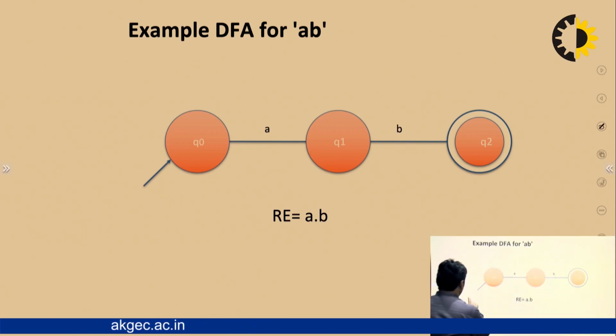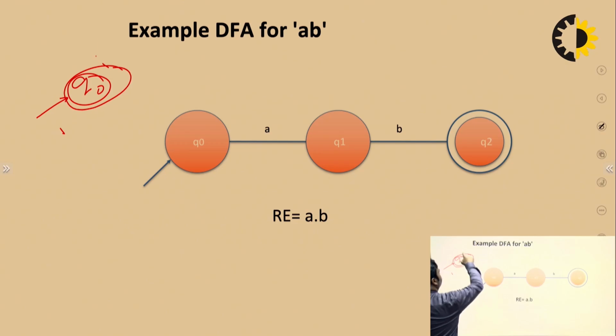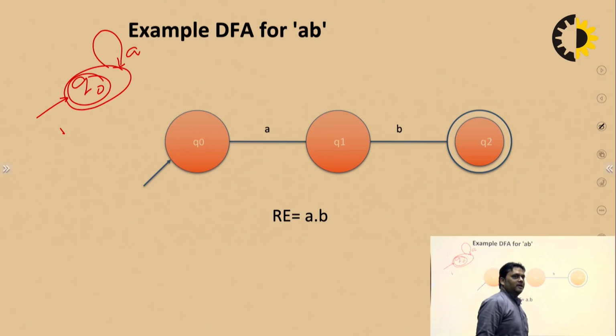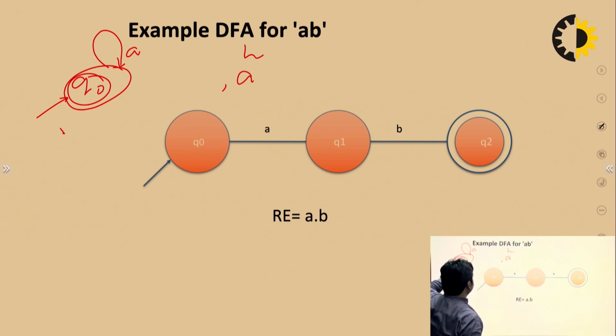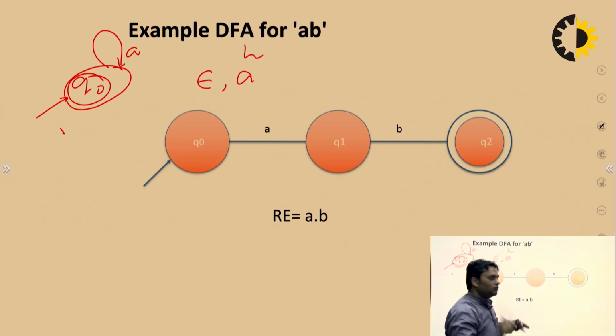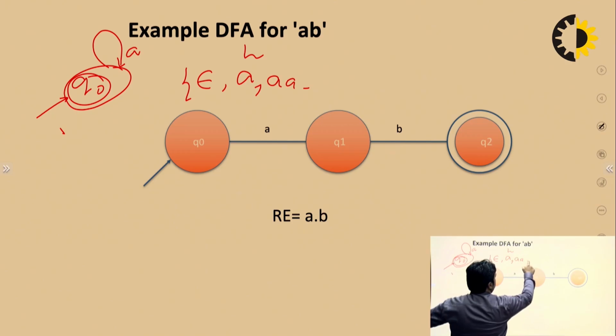Suppose we consider Q0 as the initial state and also the final state, and we accept the string A. It means the language of the strings accepted by this machine will be A. First, it is in the initial state, so epsilon will be accepted, without any occurrence of A. If the occurrence of A is 0, then epsilon will be accepted. If the occurrence of A is 1, then A, then double A, and so on.